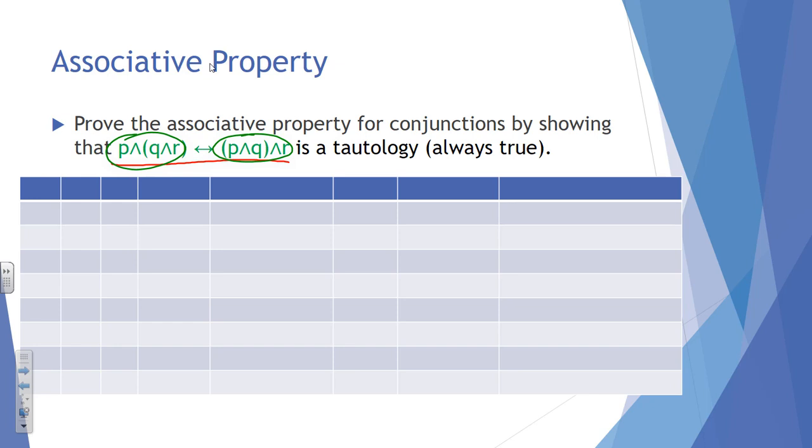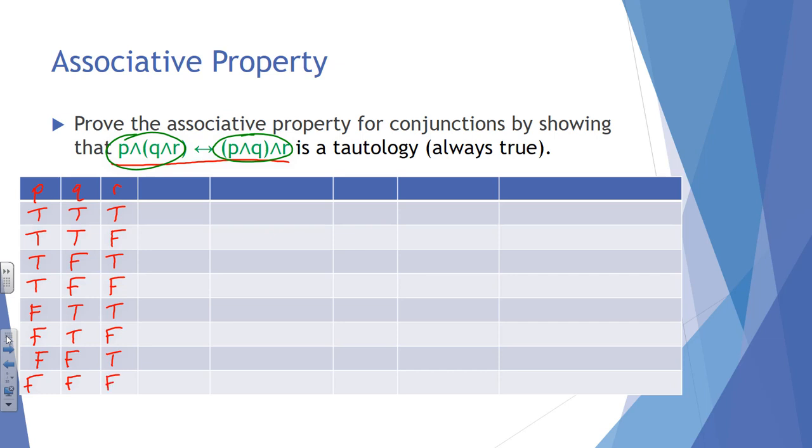Okay, this time we have three statements, P, Q, and R, and all of their associated combinations. Now let's build the left side of this biconditional. We're going to need a Q conjunction R column.